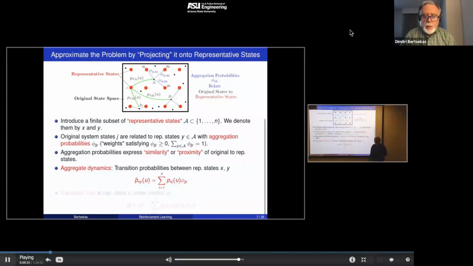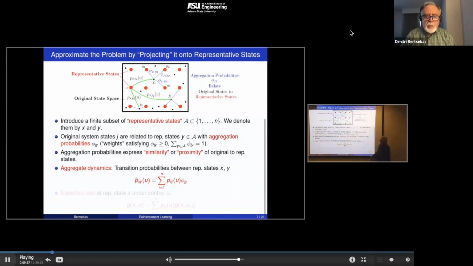Original system states are going to be i's and j's. So from x to y, what is the transition probability given these phi's? Well, it's this one. It's the probability of going here multiplied with the probability of going to this one here. And we have to add, of course, over all possible successors of this representative state.